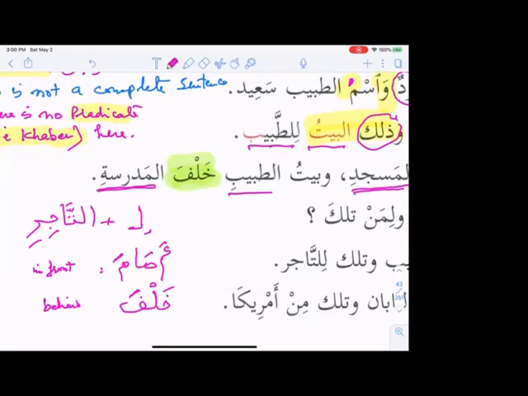It will always make a majroor, but we won't call it ism majroor, we'll call it mudaf ilayhi. Remember, after zarf will come mudaf ilayhi. Now, khalfa is a zarf, behind the madrasati, behind the school.